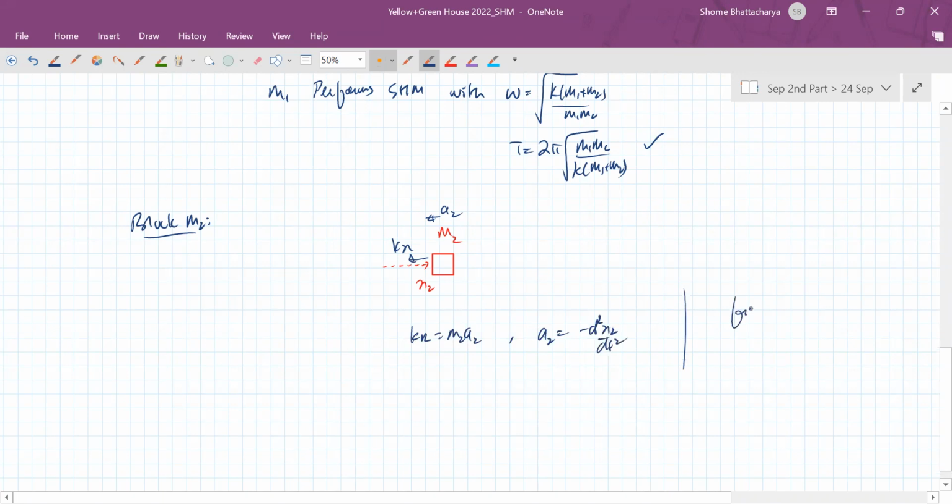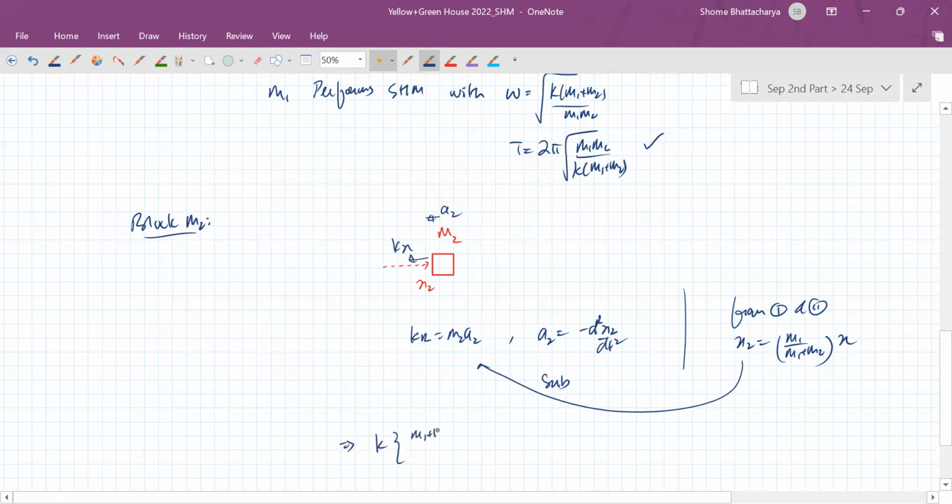Now again from equation 1 and 2 above, we had got this relation that x2 is equal to m1 upon (m1 plus m2) x. So just invert this equation and substitute that here. So this becomes that k into x, which can be written as (m1 plus m2) upon m1 x2, is equal to minus m2 d2x2 by dt square.